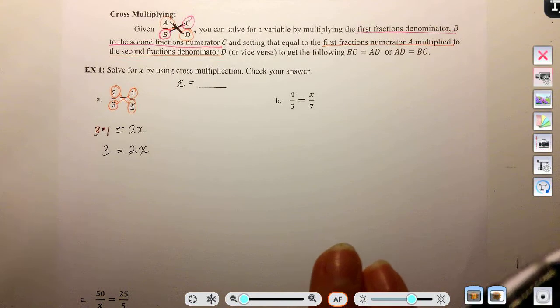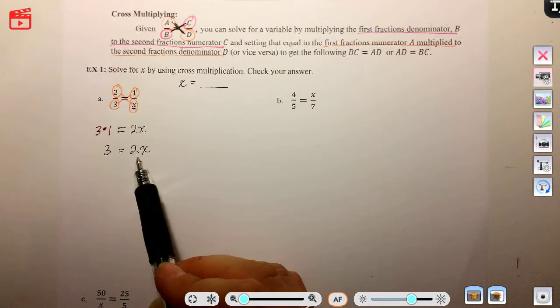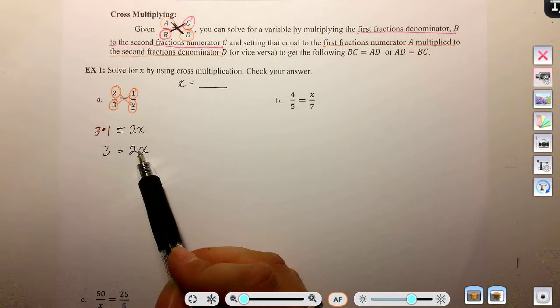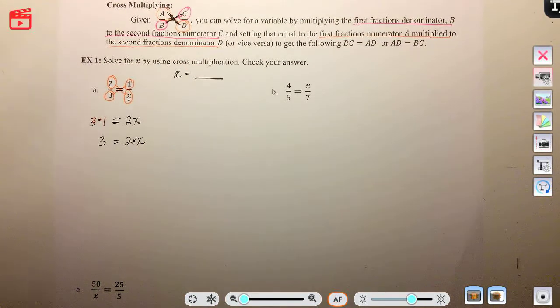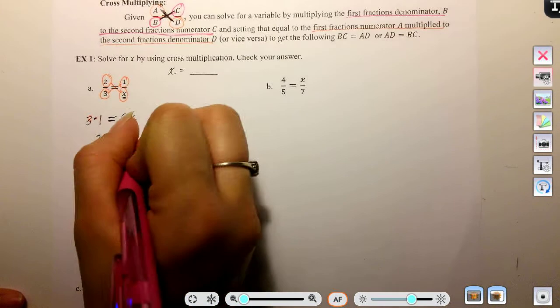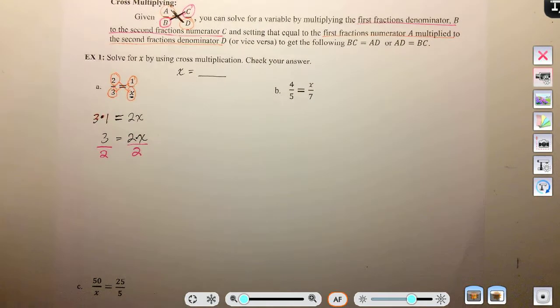Okay. x is not by itself yet. How do I know that? Well, there's that 2 times x. I want to get rid of that 2. So how do you undo multiplication? Division. 2 divided by 2 would be 1. So let's divide both sides by 2. Remember, that's the other thing with equations.